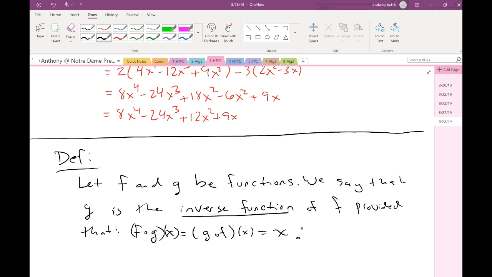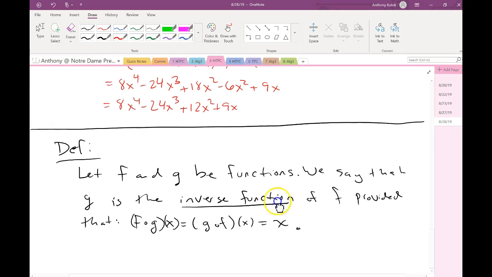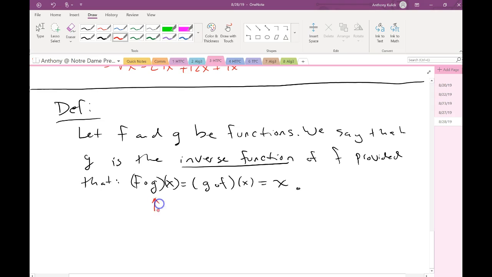Yes. And oftentimes, what do we call G if it's the inverse? We would call it F inverse and write it with the negative 1 exponent. Note that that doesn't mean 1 over F. So F inverse of x is not the same as f of x to the negative 1.